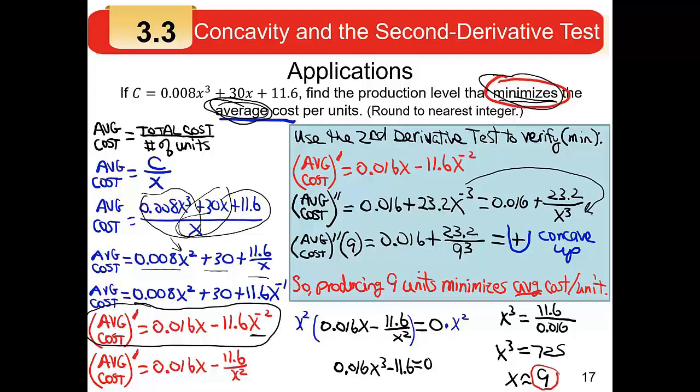Remember what the second derivative test does for you. It's an alternative to the first derivative test. You could really just use the first derivative test all the time and not use the second derivative test, but when it works, the second derivative test is actually more efficient. And in these last two examples, make sure you understand the difference between minimizing the cost and minimizing the average cost. Puts a lot of things on your plate.